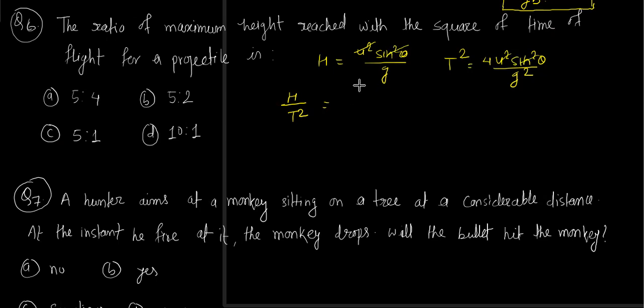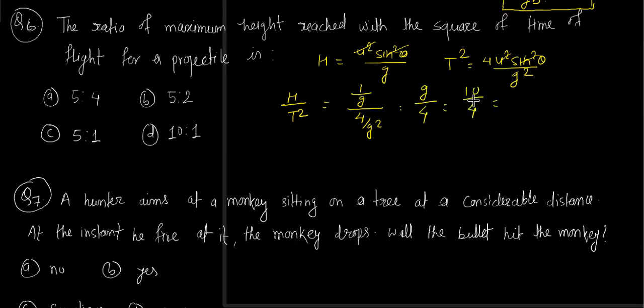Then here remains 1 by 2g, and then 4 by g square, so it will be g square. Let me cancel all these. So this is g by 4, which is 10 by 4.